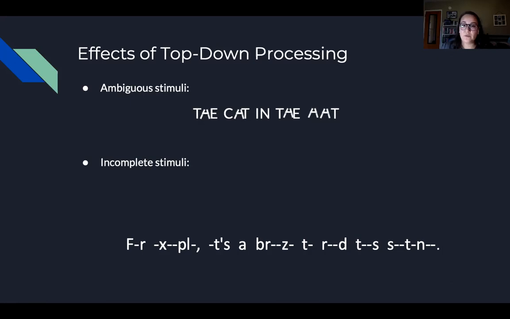That means a typical reader would have to make thousands of feature identifications each minute. Yes, we can read the cat in the hat really quickly, but it should take us a lot longer than that, theoretically. So a bottom-up approach like feature analysis doesn't best account for that.